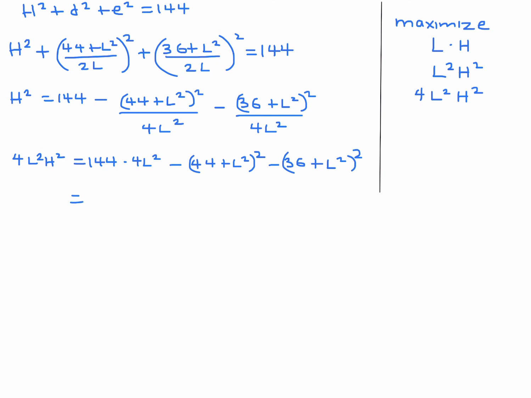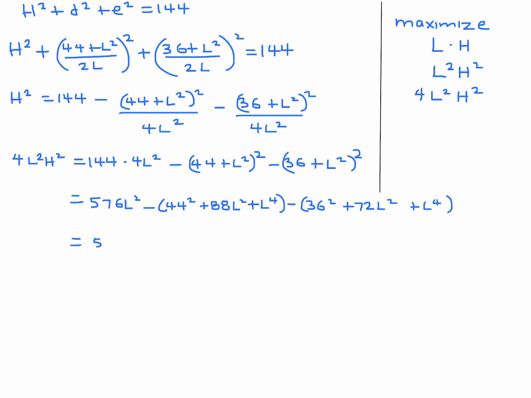All right, so let's expand all this out. We've got a little bit of algebra to do here. So this is going to be 576L squared minus 44 squared plus 88L squared plus L to the power 4 minus 36 squared plus 72L squared plus L to the power 4.